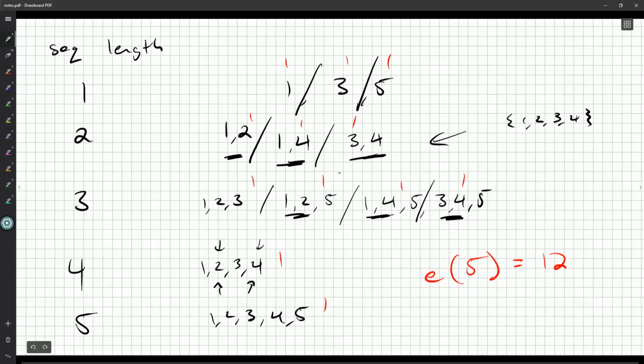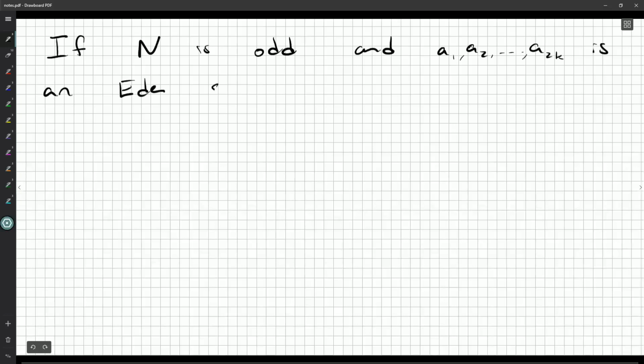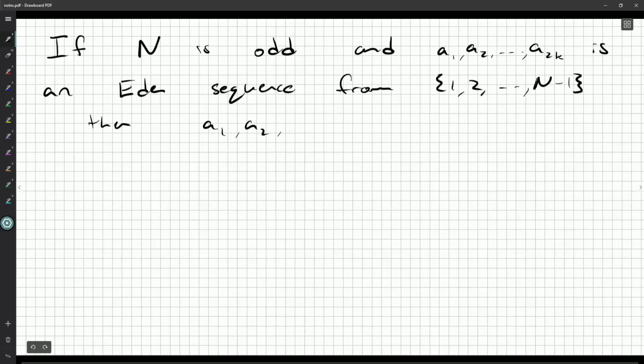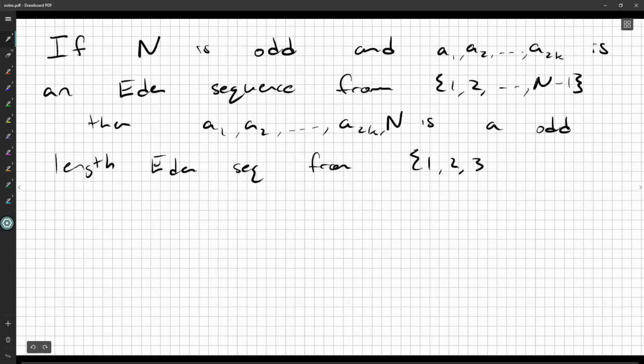But it looks like an observation I'm going to make: if n is odd, and we got, say, A1, A2, up to A2k, an even sequence, clearly of even length, coming from 1 all the way up to n minus 1, then A1, A2, all the way up to A2k, and then add on n, is an odd length even sequence from 1, 2, 3, all the way up to n.